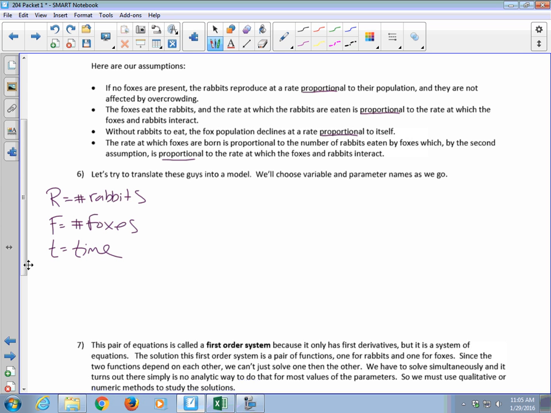So let's call them alpha, beta, gamma, and delta. These are my parameters. Constants of proportionality. Sorry, gamma's like that.